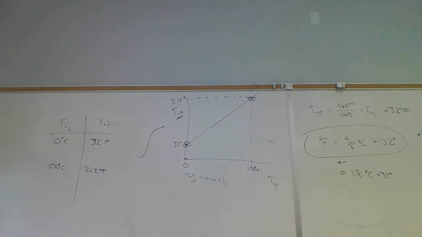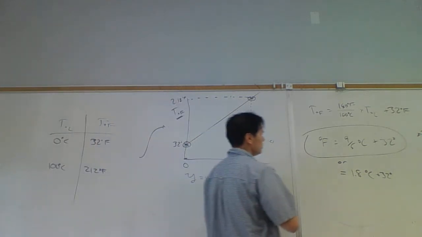Convert 288 Kelvin to its Fahrenheit scale equivalent. And so here I would go from Kelvin to Celsius and then Celsius to Fahrenheit. So that's 15 degrees Celsius. And then, for degrees Celsius, we just rearrange this equation.